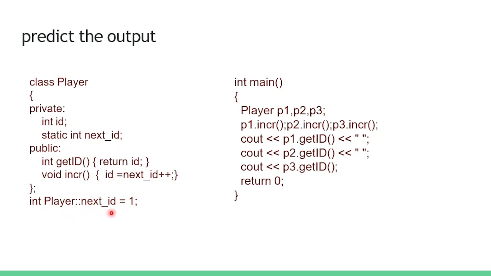Then we give the values for the static data member. Then we need to print out the values. I hope you have understood what static means, so I think it will be easier for you. So pause the video, do it, and tell me the answer in the comments.